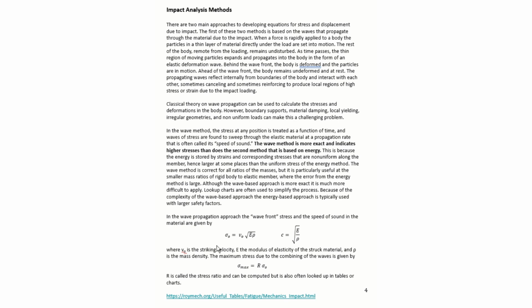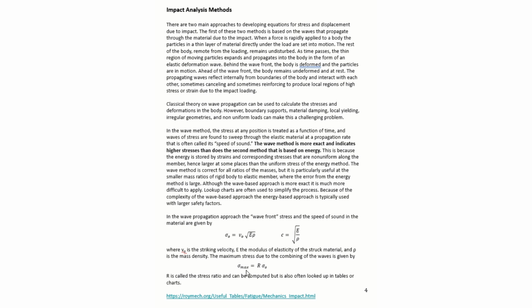However, in the wave propagation approach, what essentially you have is the stress is equal to this quantity here, where V is the striking velocity, E is the modulus of elasticity, and rho is the mass density of the material.